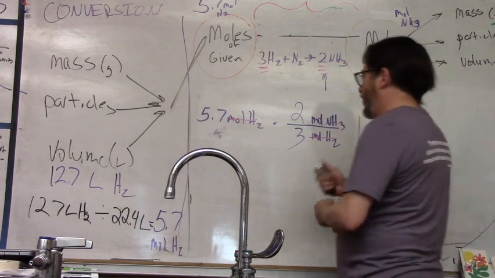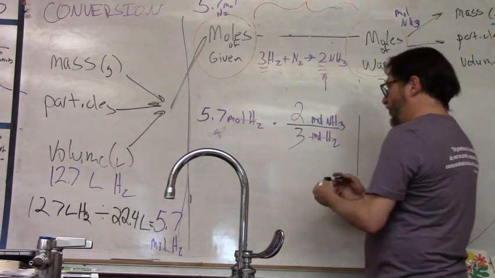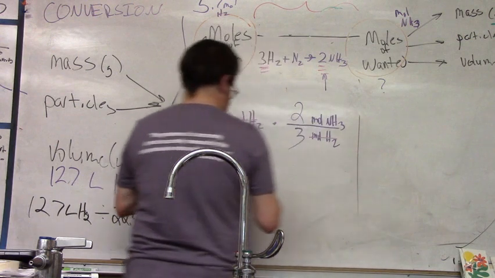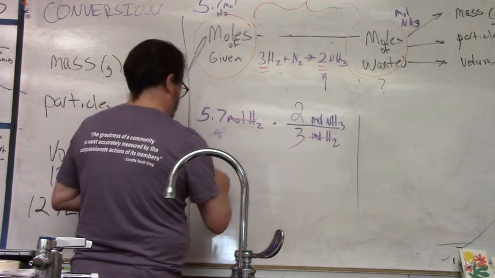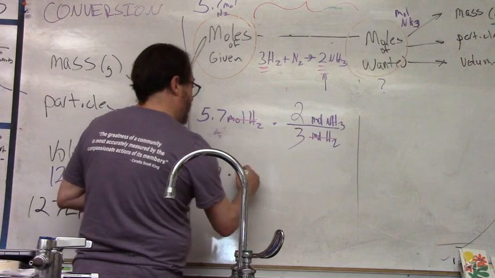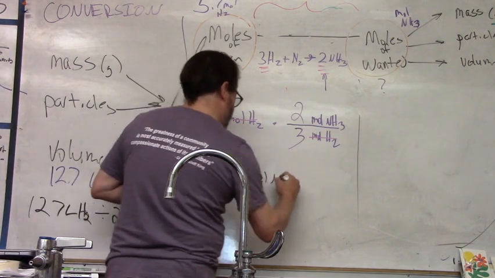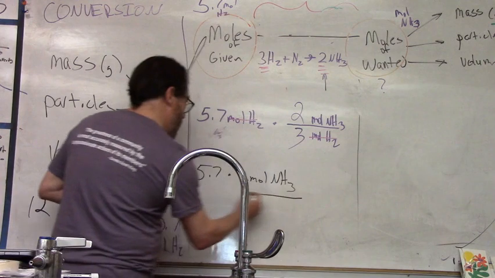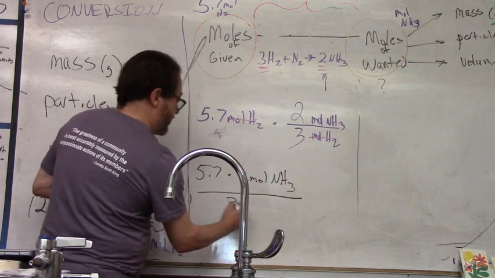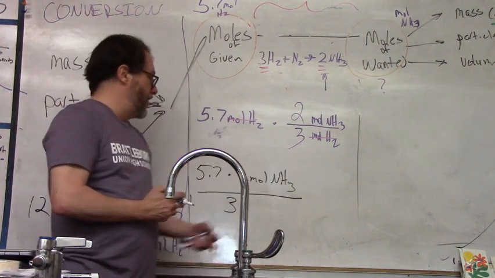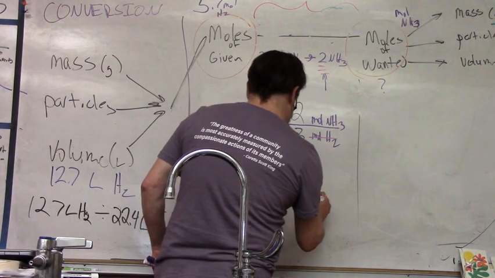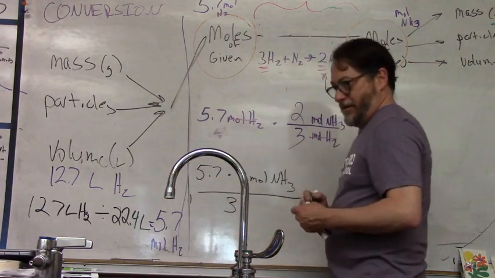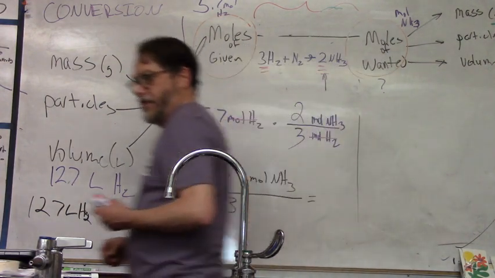And so now it's just, well, it's multi-step, right? Let's combine the fraction. We have 5.7 times 2 moles NH3 over 3, right? That's the only thing left. All the labels are gone. And so we can string this out a little bit, I guess, and let me get my calculator here.